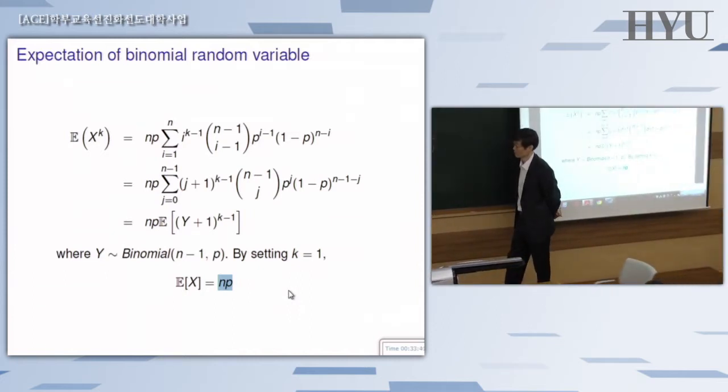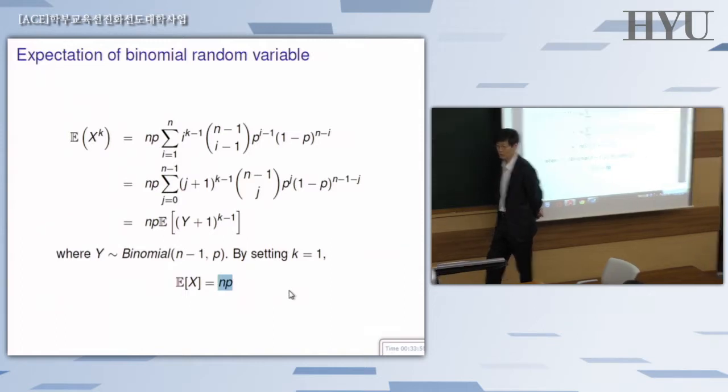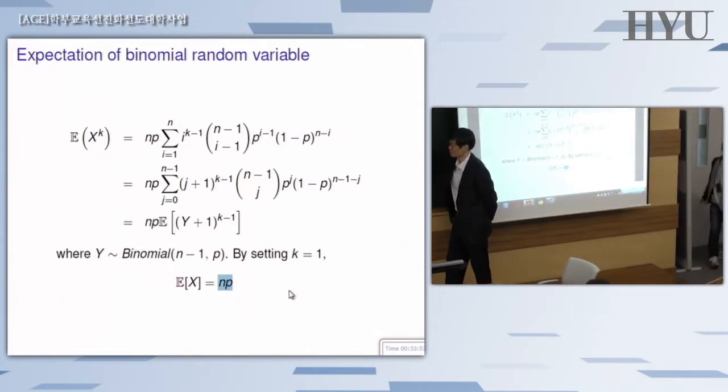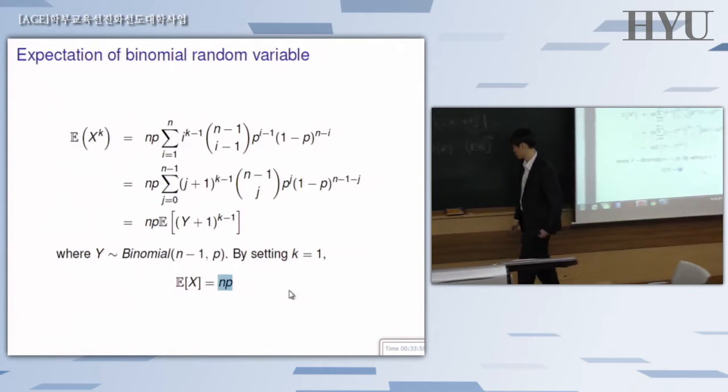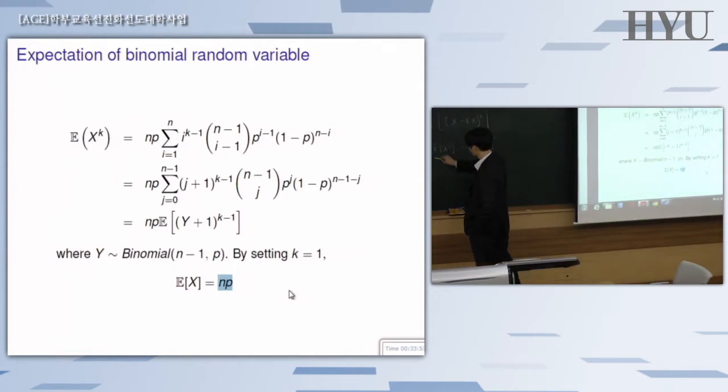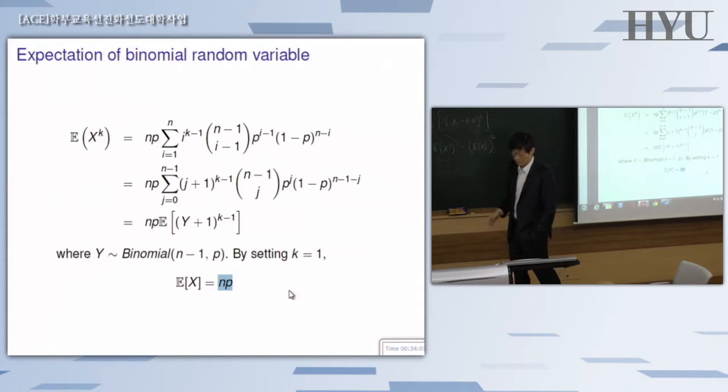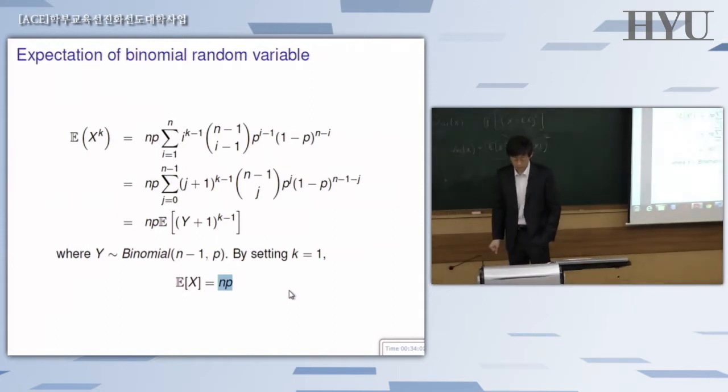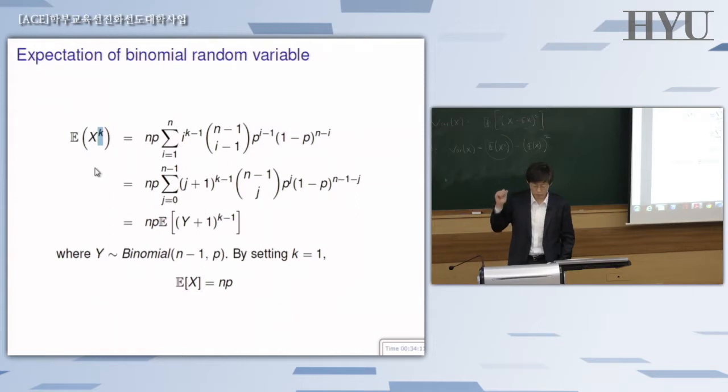Right? But given that formula, the kth moment of X when X is a binomial n and p, which way would be more convenient to get the variance? Clearly this one, right? Because we can easily get the second moment using that formula, simply by plugging 2 into k this time, not 1. So if you put 2 into this k, that's the second moment, which is the circled one.